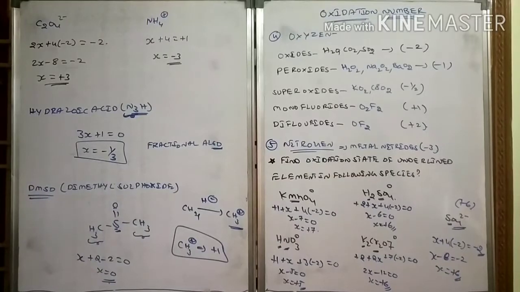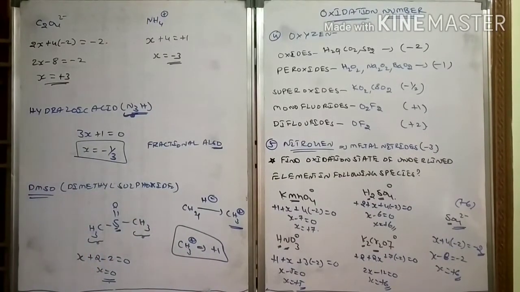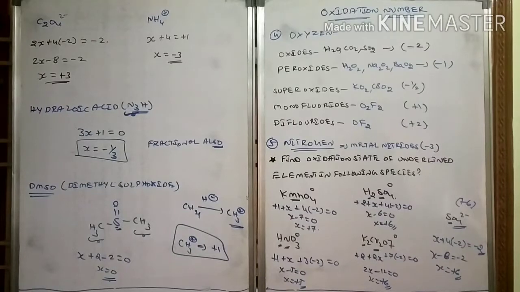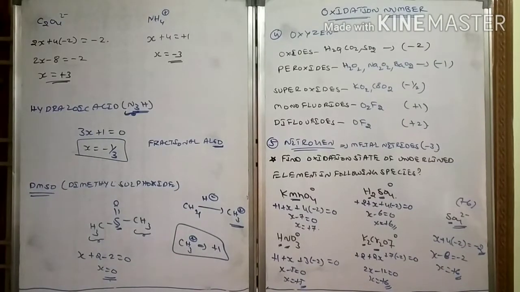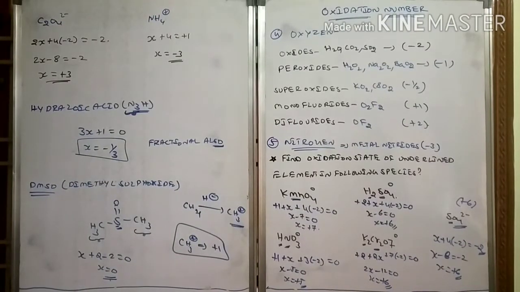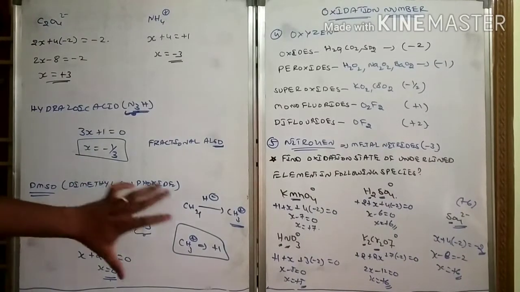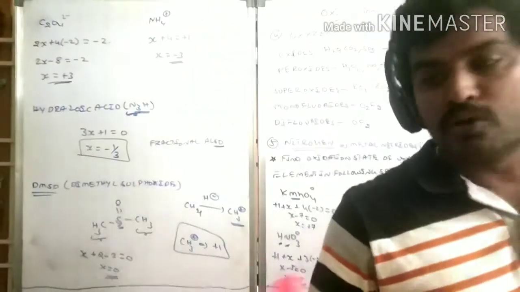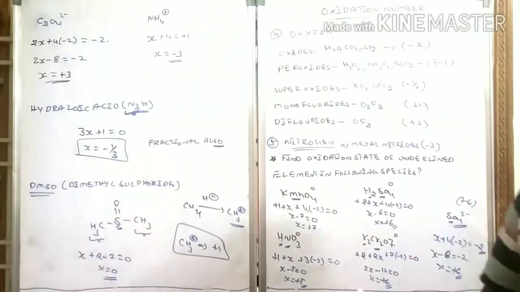Like this, some exceptional compounds will be there. For them we have to remember the oxidation state. No need for organic cases. If you see a methyl group is there, for that methyl group the oxidation state is plus 1. If you can remember that, we can do the problems on this. So these are the common examples. There are some exceptional compounds also. How to find the oxidation state for them we will also discuss.